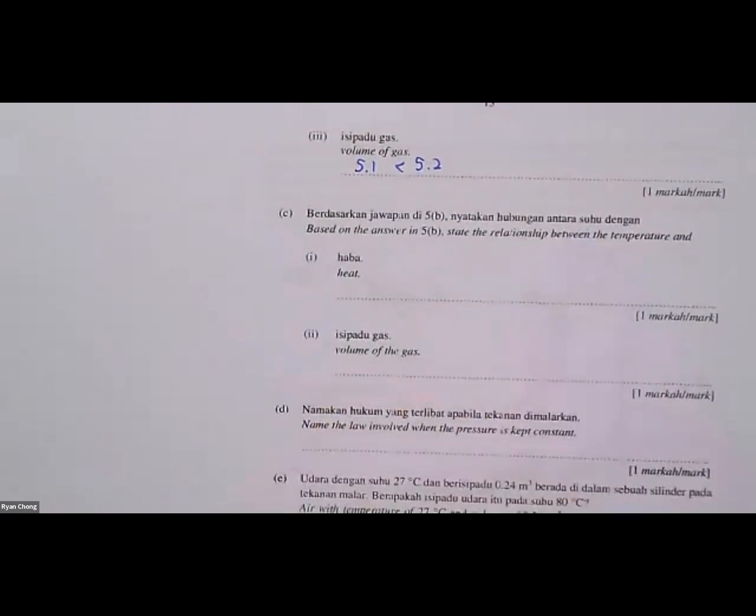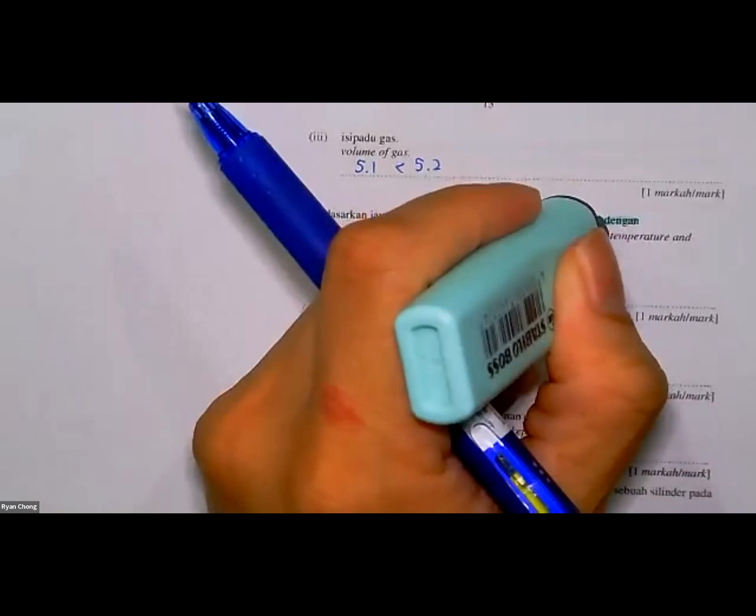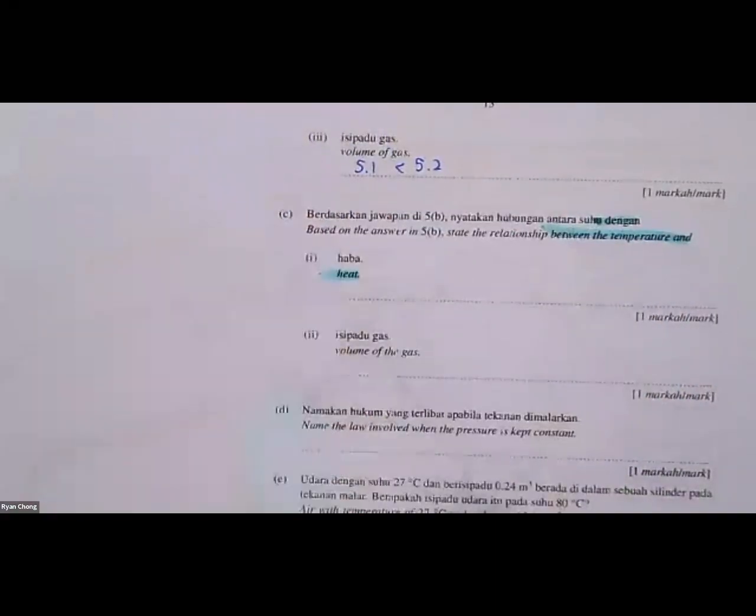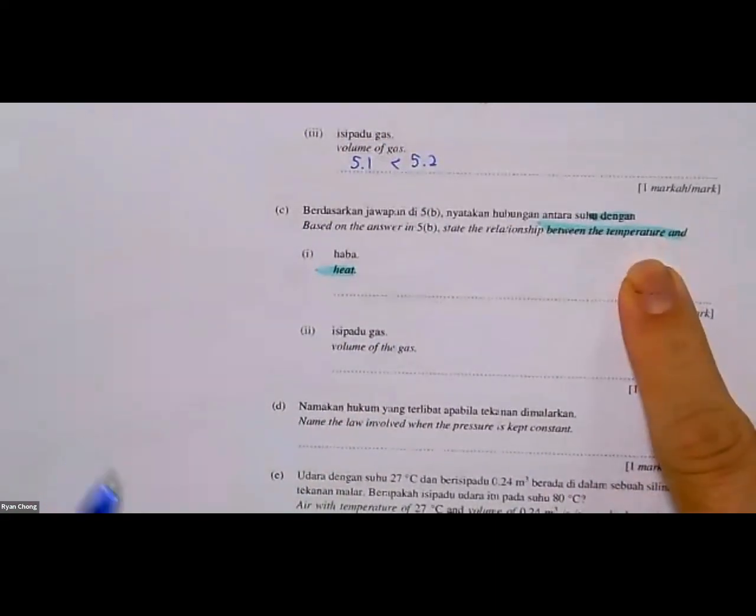Based on the diagram in 5B, state the relation between heat and temperature. So now what they want you to compare. This one is also a bit of trouble. Temperature and heat. They mention temperature first.